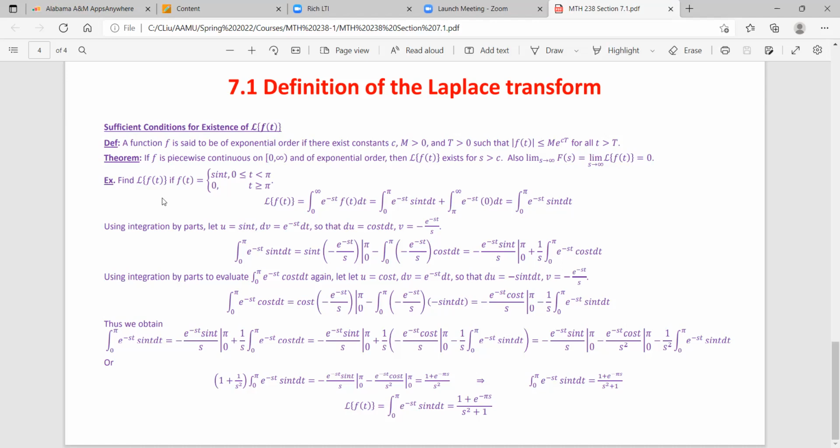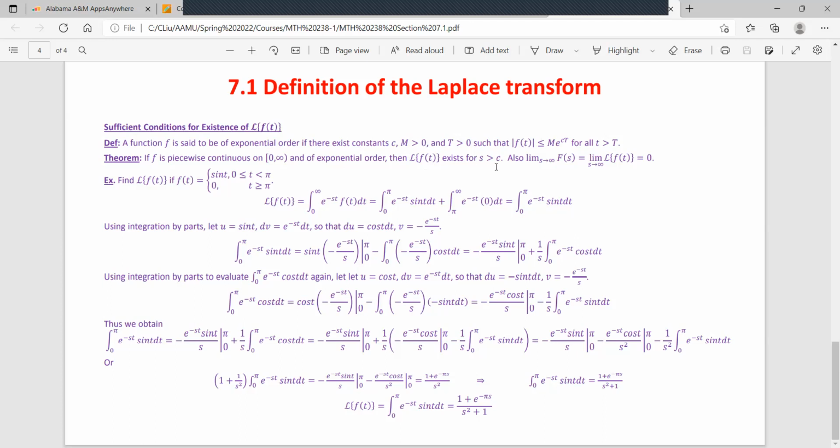That's the only requirement. So here's the statement: if f is piecewise continuous on the interval from 0 to infinity, meaning that if you draw the graph of the function it has different pieces but each piece is continuous, and of exponential order, meaning the whole function f is bounded by some exponential function, then the Laplace transform of f exists for s greater than some number c.